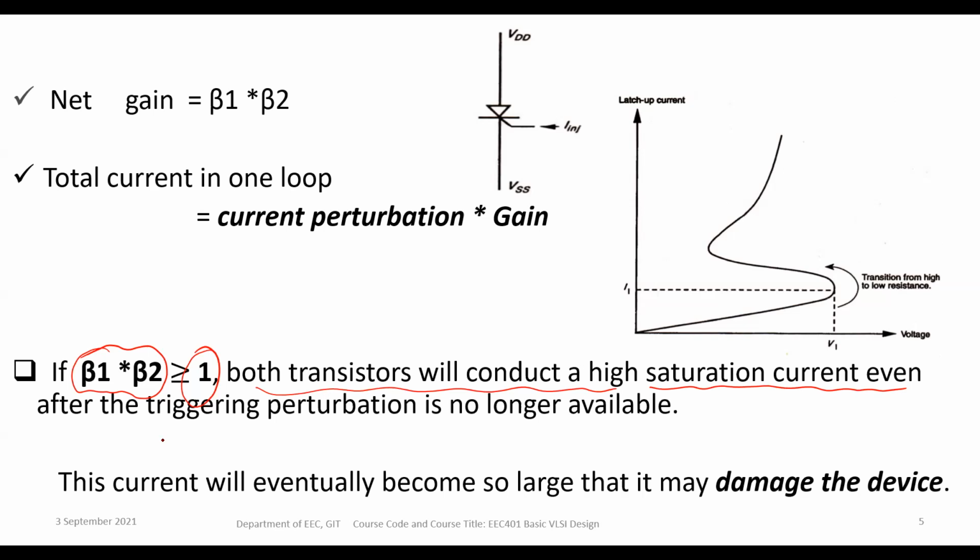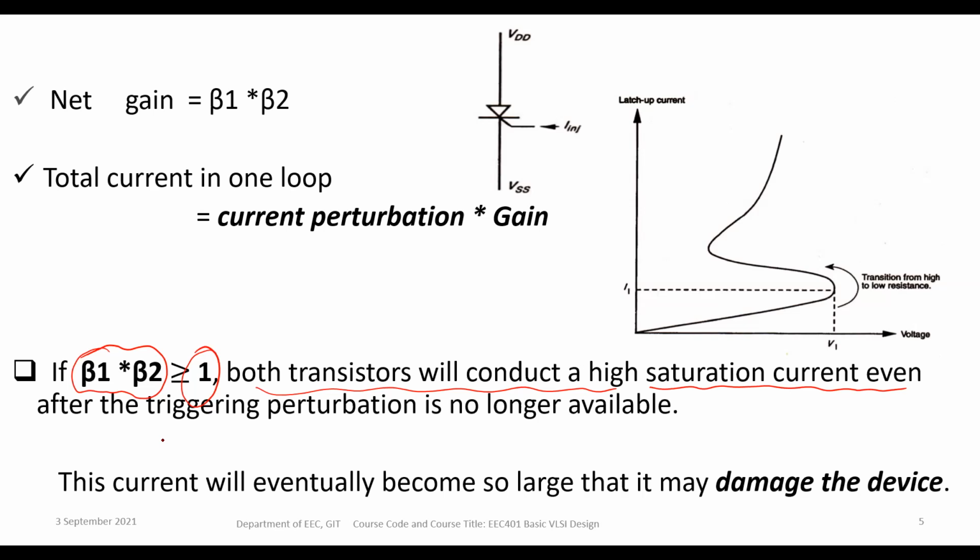After that, even if you are not applying any disturbances, because of that huge amount of current flowing, it automatically activates the devices. Initially the disturbances make the transistor turn on. Later, once a finite amount of current is flowing from the supply to ground, that itself keeps making the transistor on again and again. So that makes the problem in the circuitry.